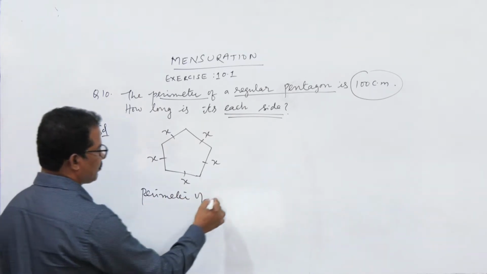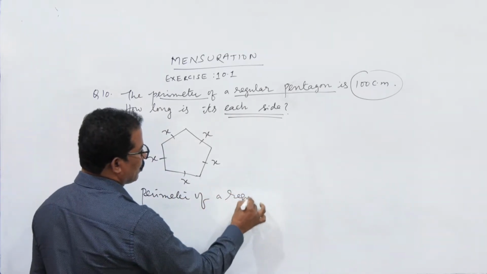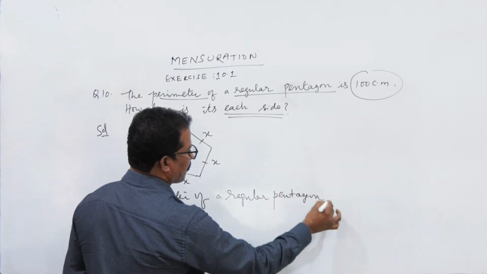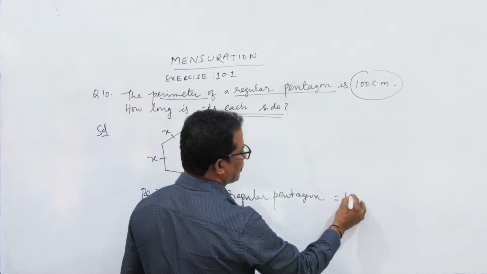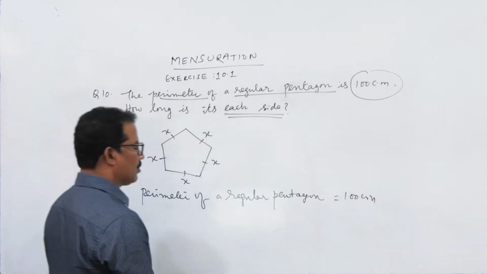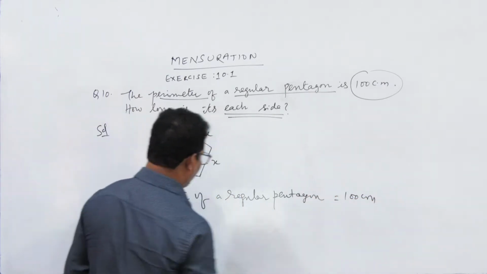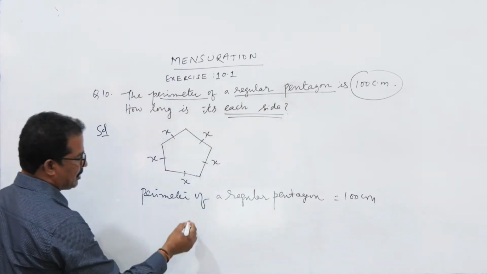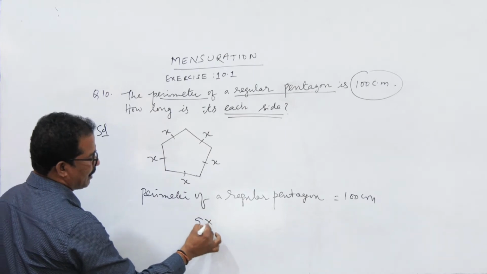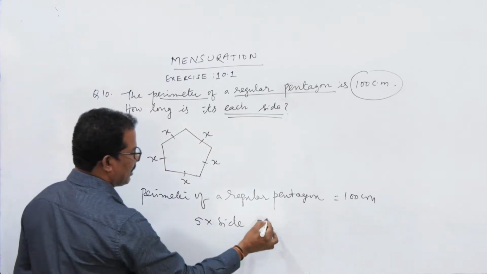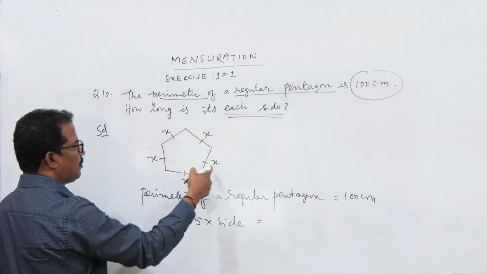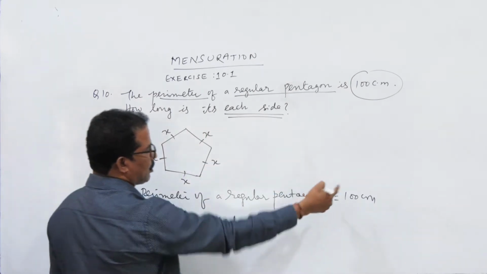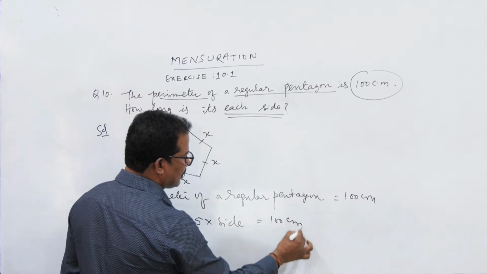Perimeter of a regular pentagon is given already. How much is it? 100 centimeters. Being a regular pentagon, the perimeter is 5 into side, because side plus side plus side plus side plus side, there are 5 equal sides. 5 into side is equal to 100 centimeters.